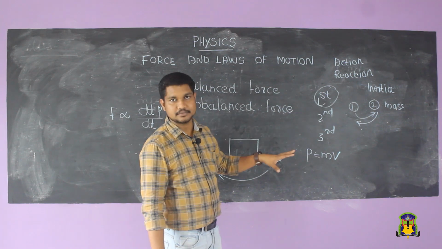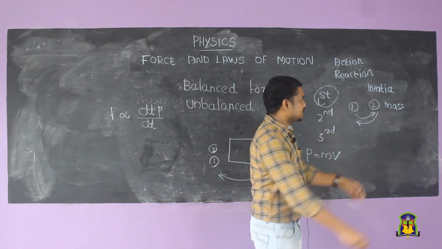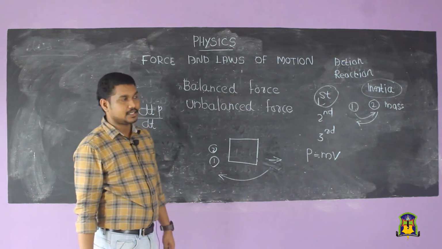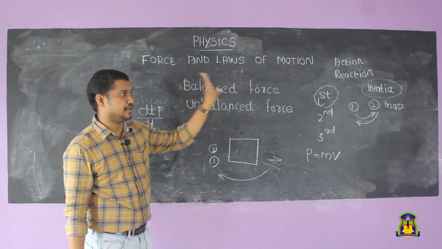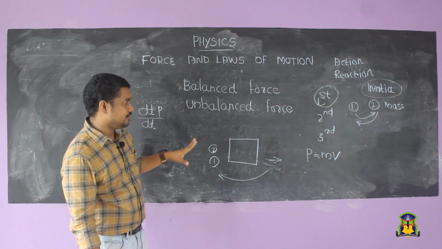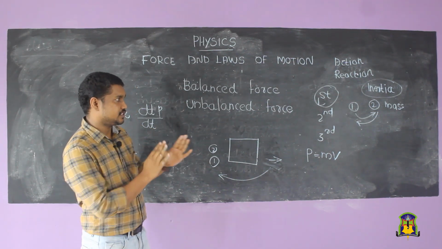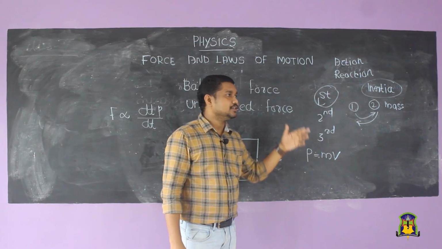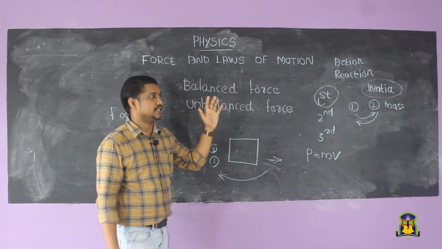These are also new terms. First I will consider the term inertia. What is inertia? You have heard it, but you may not know the exact meaning. We can give a definition: the inability of a body to change its state is called inertia.